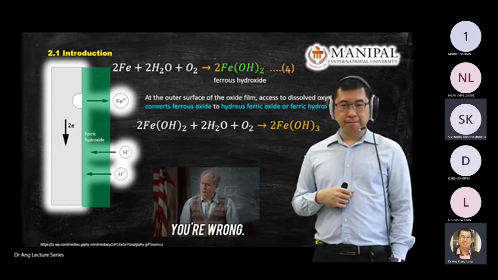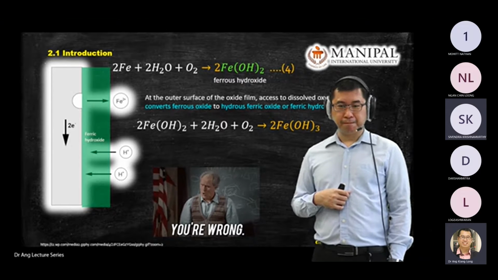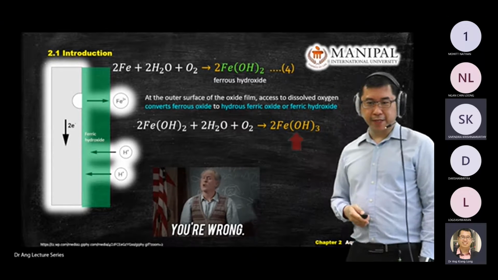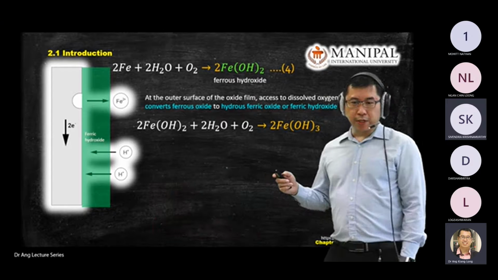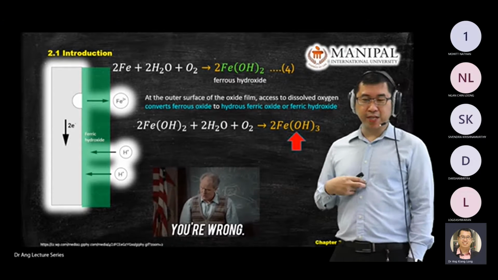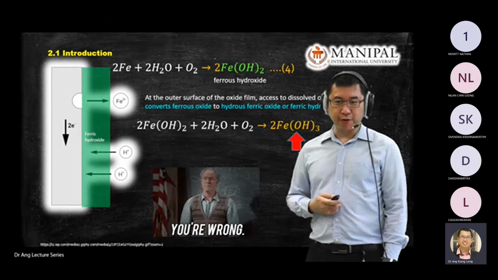So it should be 4FeOH2 plus O2 plus 2H2O should give you 4FeOH3. Correct. So again, my personal method, I like to start with oxygen. You can start with another element, but I like to start with oxygen.